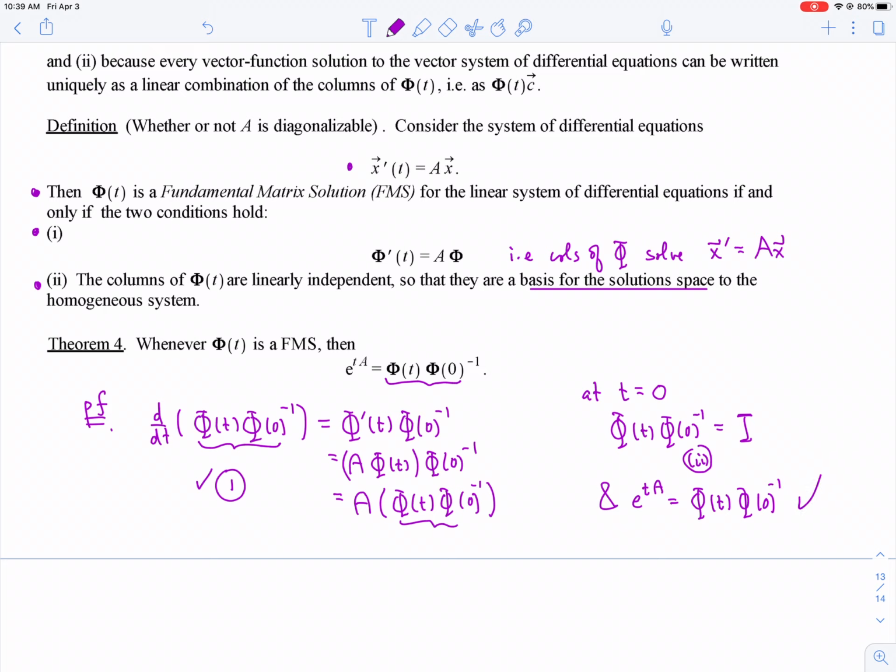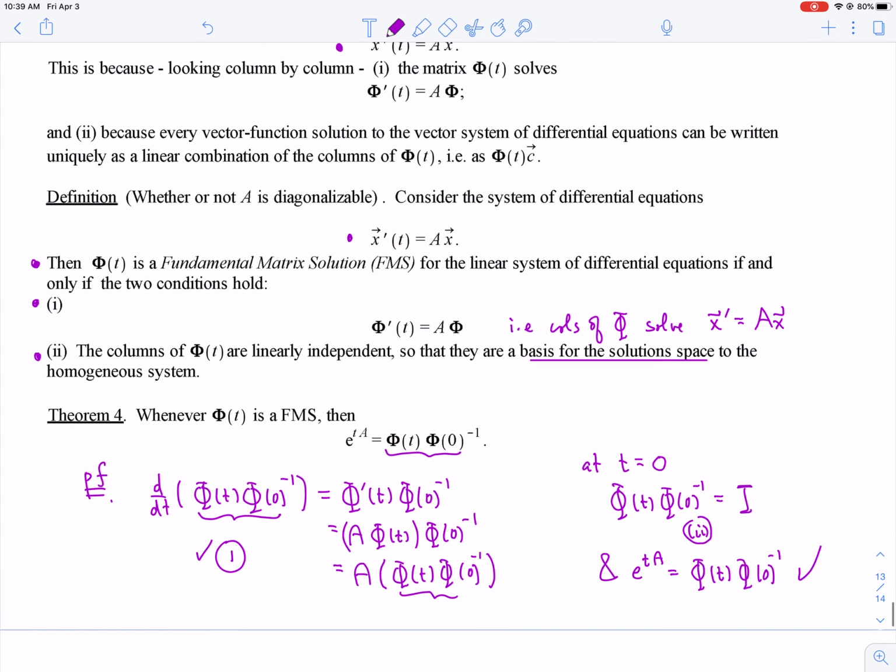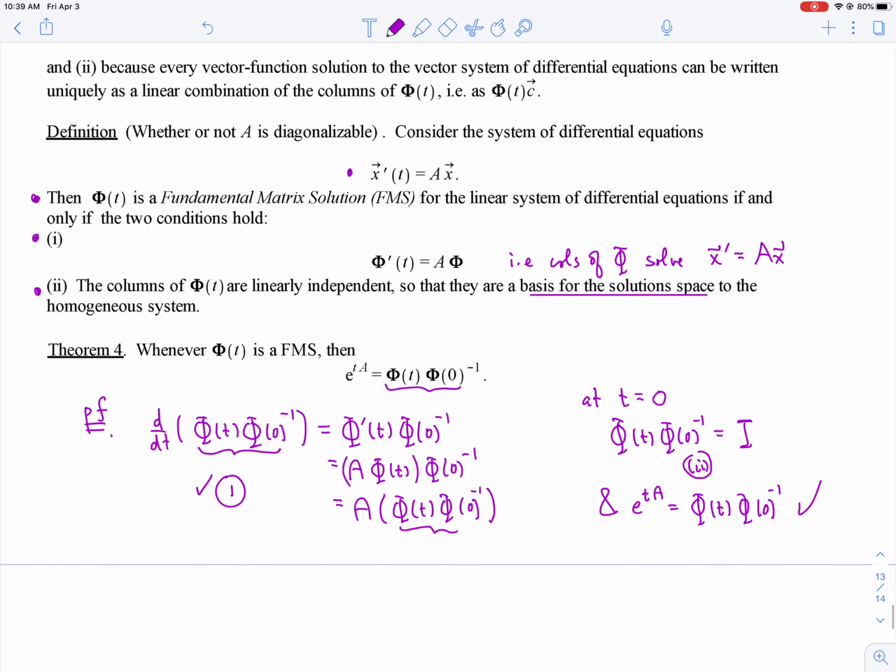So this method will work for diagonalizable and non-diagonalizable matrices, assuming you can find a fundamental matrix solution.